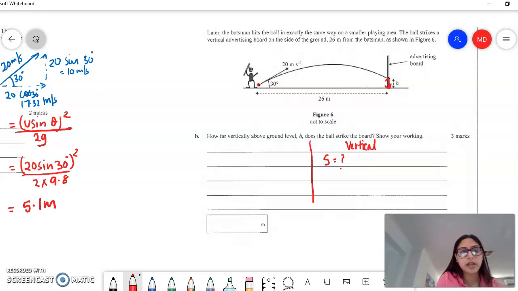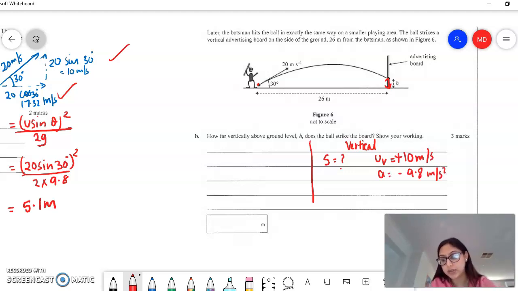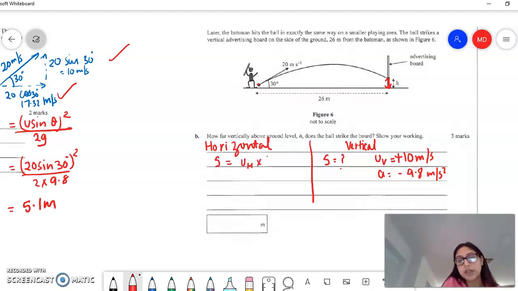Now let's have a look at the vertical and horizontal components. Initial vertical velocity was 10, acceleration is negative 9.8, but we need 3 things to find one unknown. So let's first use the horizontal motion to find the time taken. There's only one formula in the horizontal motion: distance traveled is the horizontal speed times time, and you must know horizontal speed remains constant throughout the motion.